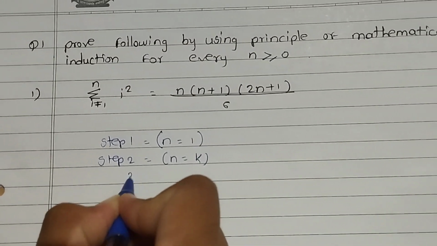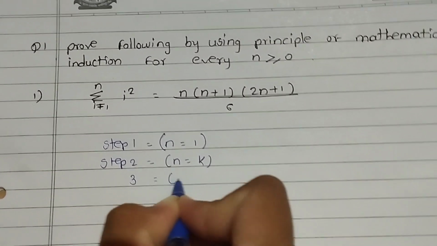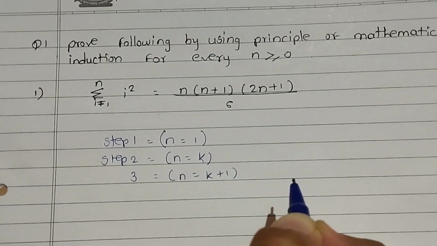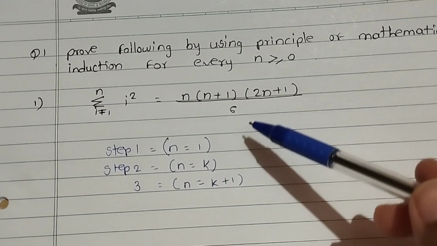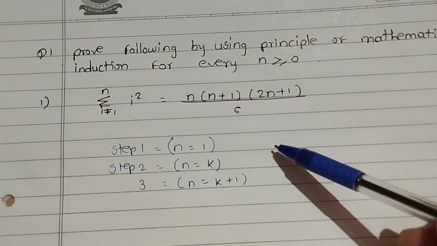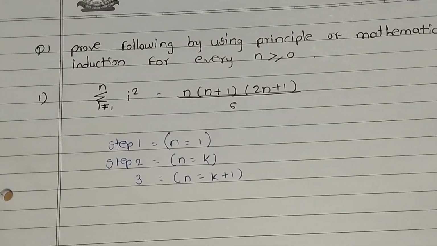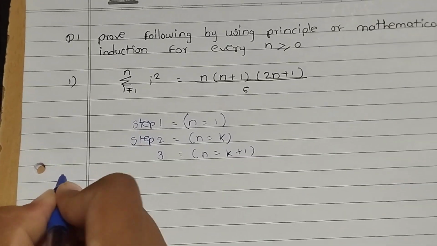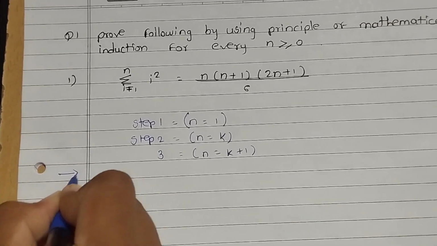And step 3: put n equal to k plus 1. When we perform these 3 steps, we automatically prove our equation. How? Let's see. So we write here the solution.